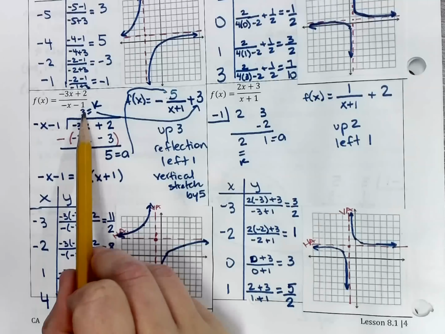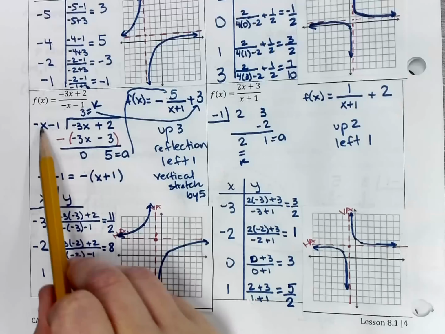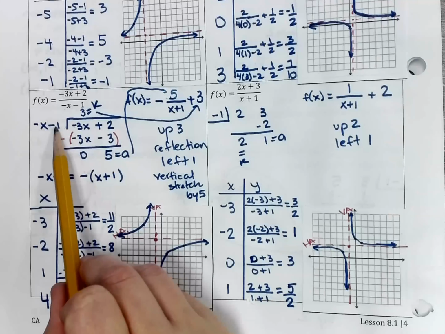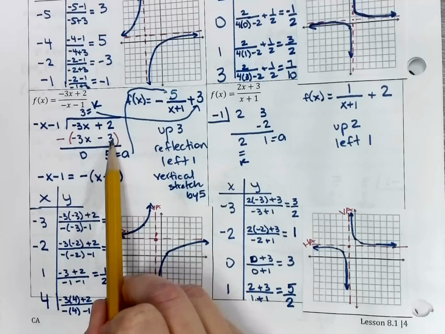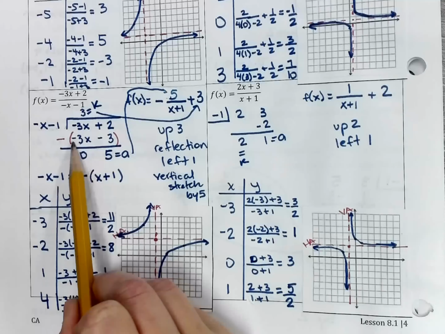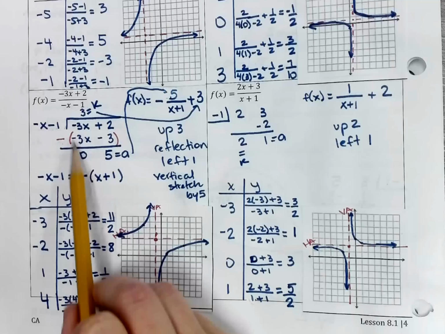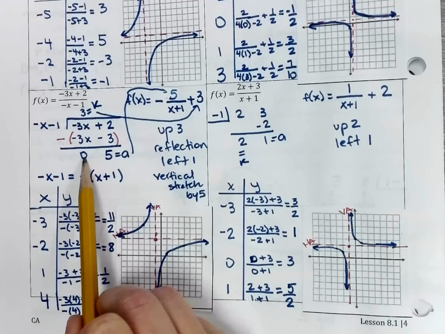Then you multiply. 3 times negative x is negative 3x. 3 times negative 1 is negative 3. And then I wrote it in red so you wouldn't forget that we're subtracting. No matter what, when you subtract, this has to be 0.